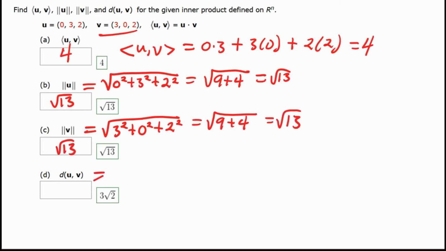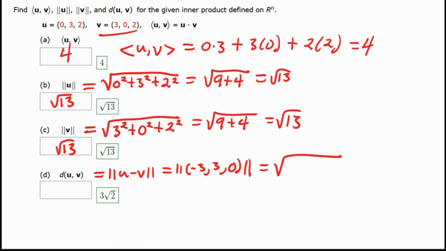And now the distance, which is the norm of u minus v by definition. So this is the norm of, let's do the subtraction, u minus v: 0 minus 3 is negative 3, 3 minus 0 is 3, and 2 minus 2 is 0.